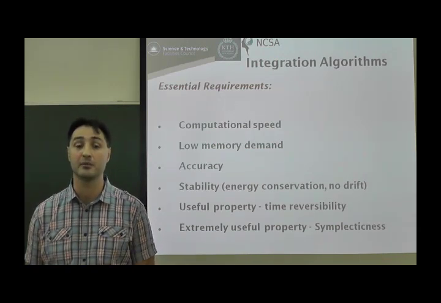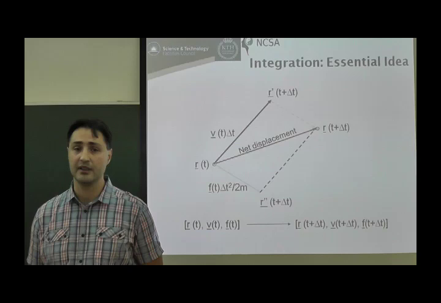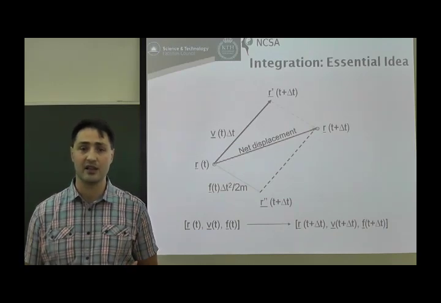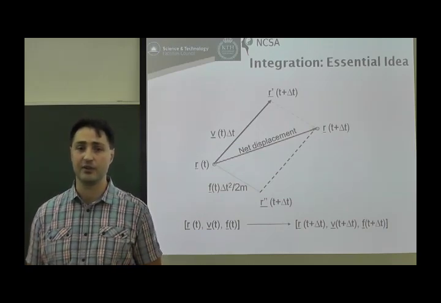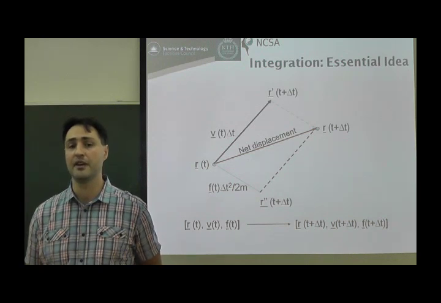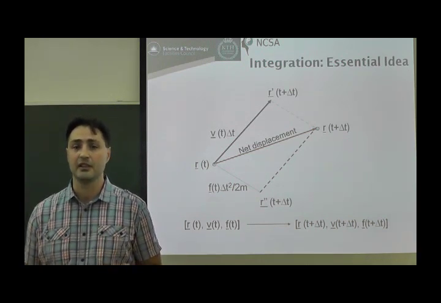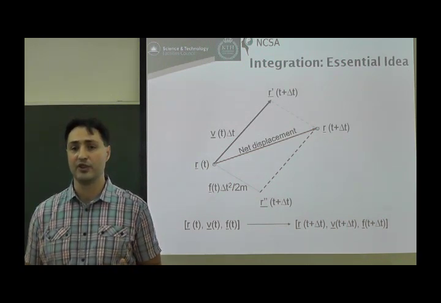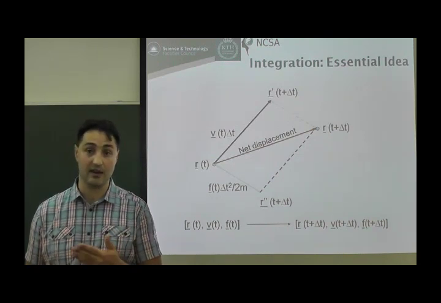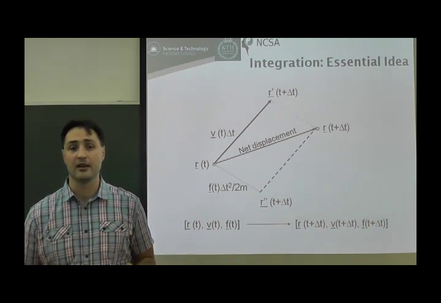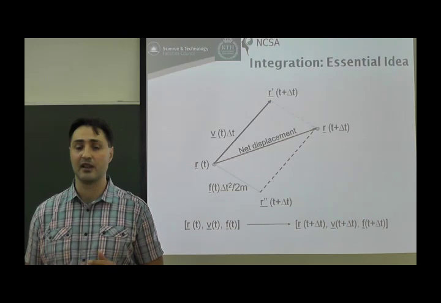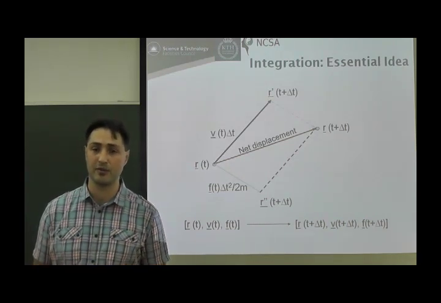We can talk more about this in another lecture, but this will give you some feel of the requirements for such algorithms. The essential idea is that if we start at time t at a certain position, we have a velocity v and a force F, then we will move to position r(t plus delta t), where we have a net displacement that comes both from the velocity and from the force contribution.